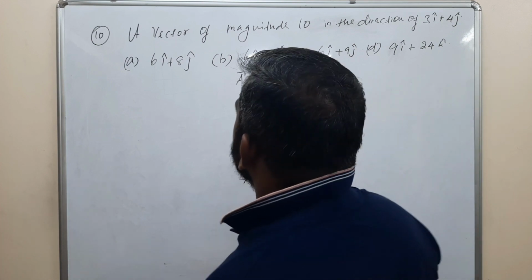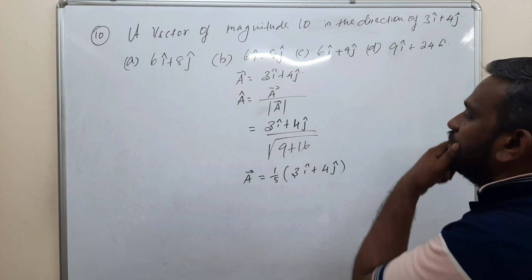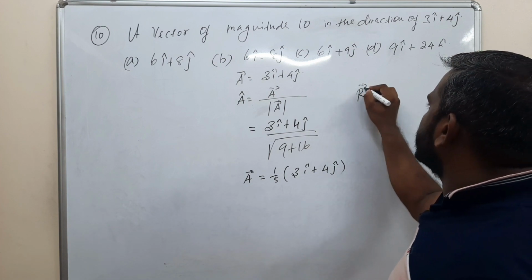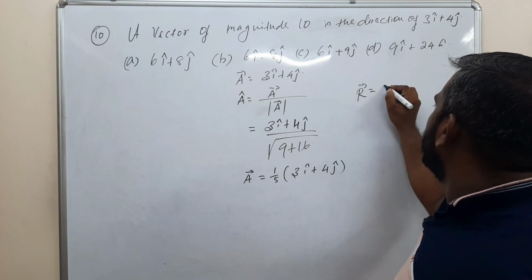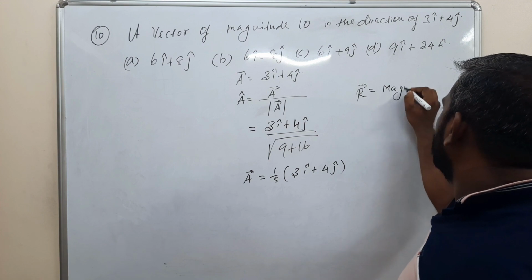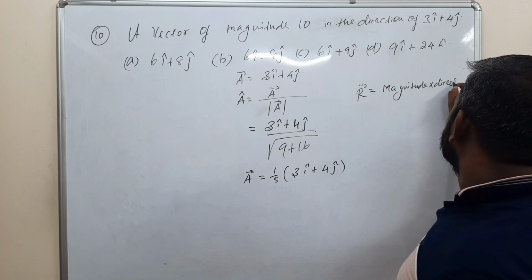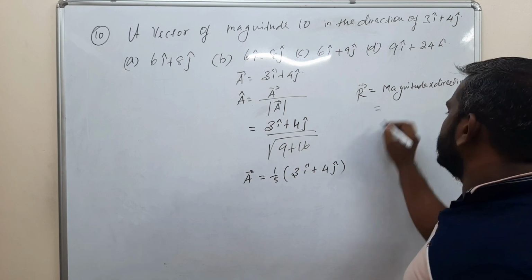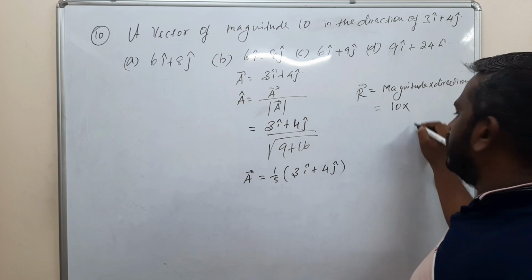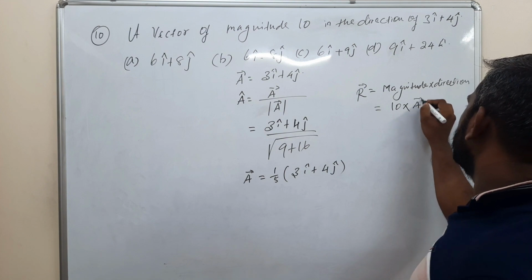So we have to find a vector of magnitude 10. So R vector is equal to magnitude into direction. What is magnitude? That is 10. Direction, that is A cap.